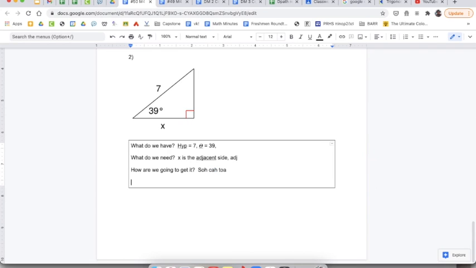Let's write that out. So the cosine of the angle theta equals adjacent divided by hypotenuse. Or let's set that up a little bit better. By plugging in some numbers, we know that the cosine of 39 equals the adjacent, which is x, divided by 7.